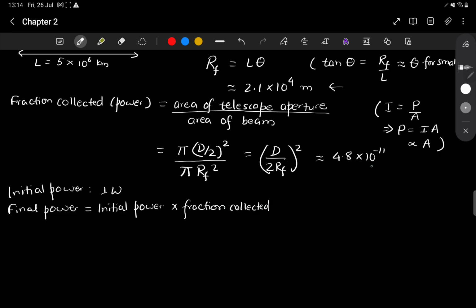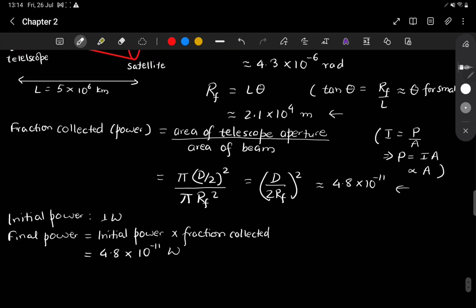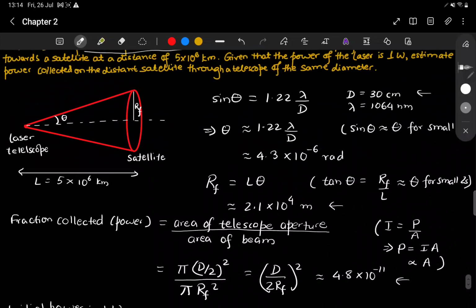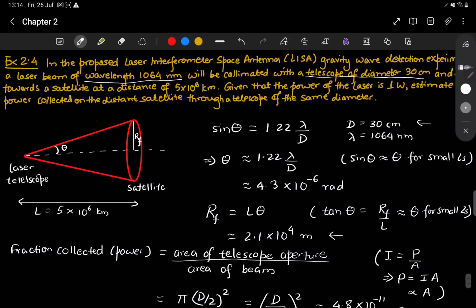Initial power is 1 watt, times the fraction collected over here. So this gives us 4.8 into 10 to the power minus 11 watt, which is a very small fraction of the initial power. This completes problem 2.4.